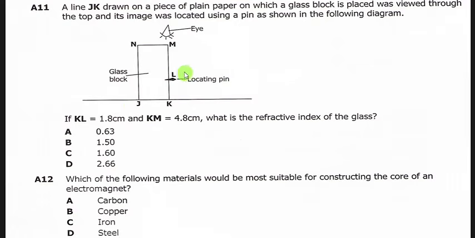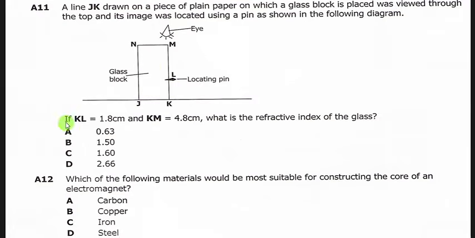So the guy, when he was looking through this glass block, saw this line as if it was here where he put the locating pin. So this is where the image of this line appeared to be. So this is the glass block. Yeah.